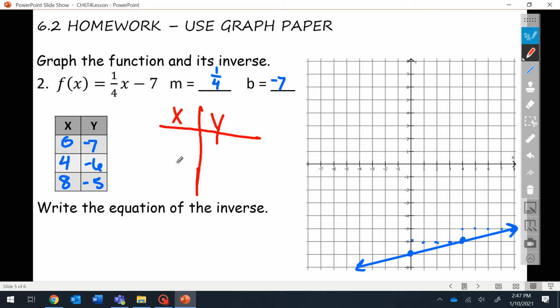My inverse function is going to have, and you could do more points if you wanted to, swapped points. So it's going to be negative 7, 0, negative 6, 4, and negative 5, 8.